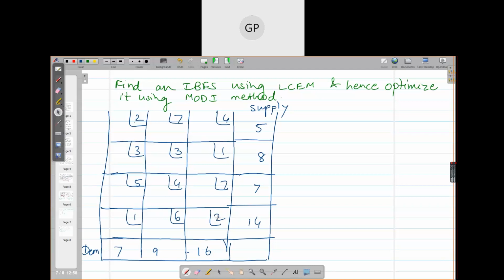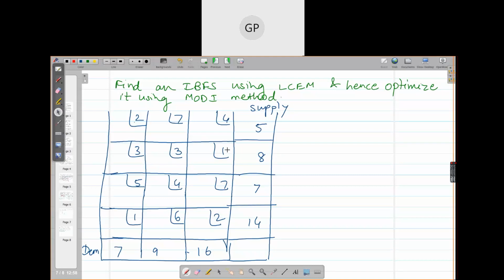Yes, can we do it quickly, girls? Tell me the first allocation. Which cell? Least cost. Which is the least cost? Come on, be quick. 1. And that corresponds to second.